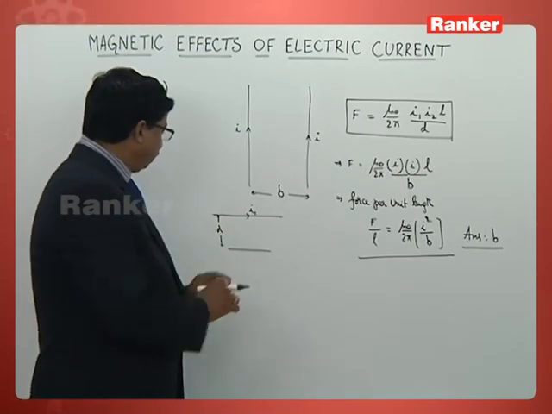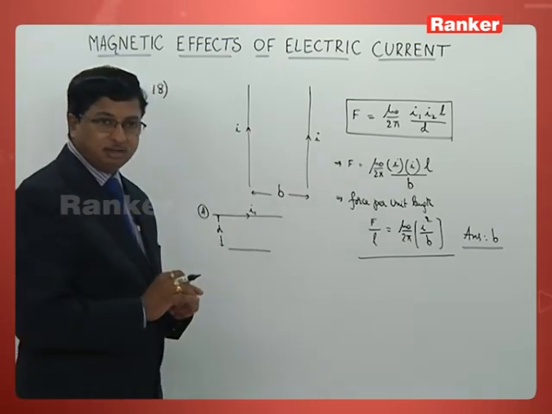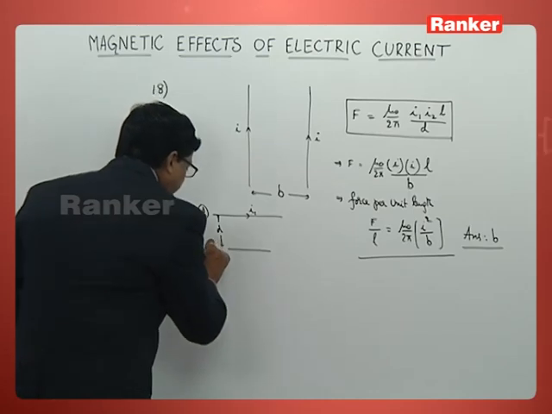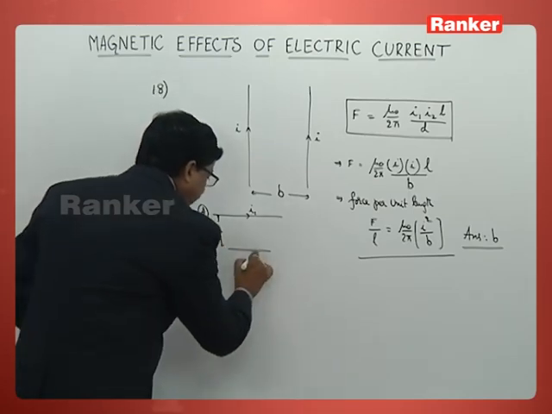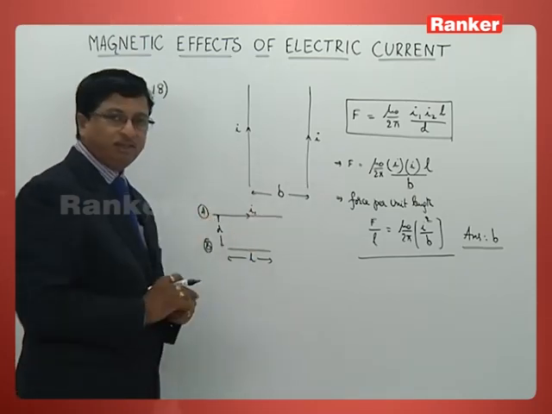There is one conductor A which is of course carrying a current I1, it's horizontal now. There is another conductor B of which the length is given as L, is placed below this. At what distance? At a distance d.